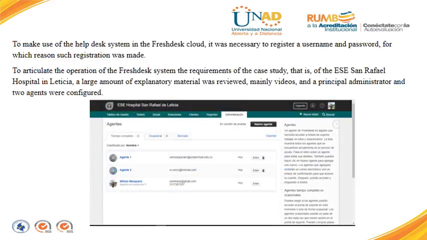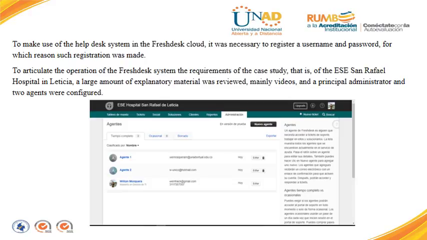To make use of the helpdesk system in the Freshdesk Cloud, it was necessary to register a username and password, for which reason such registration was made.